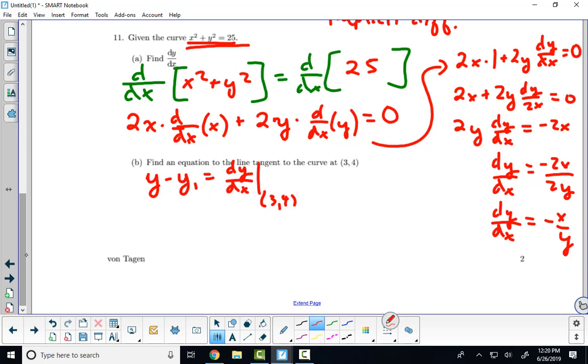Okay? So this bar is evaluated at. So dy dx evaluated at 3, 4. Everybody, let's read that together. Let's try again. Dy dx evaluated at 3, 4. All together? Dy dx evaluated at 3, 4. All right. Times x minus x1. Do you see that that's still the equation of the tangent line, just like it's always been?